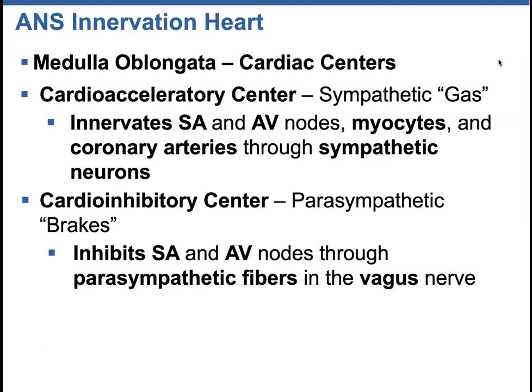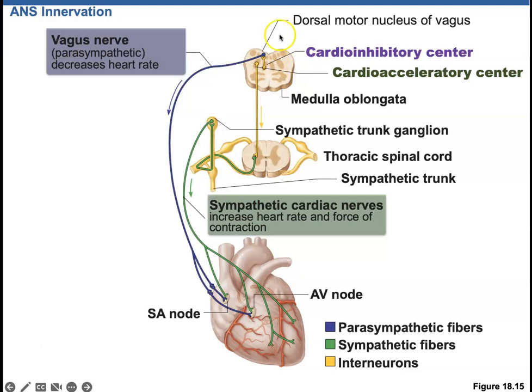So that's your brakes. When you look at it again, this is your medulla oblongata. Here's the vagus nerve, so this is going to be the brakes, and those are connected directly to the SA node and to the AV node. There is no parasympathetic innervation that goes to the actual ventricles.